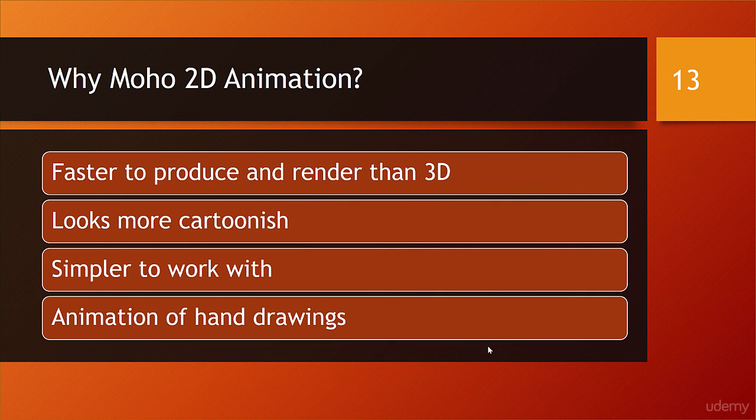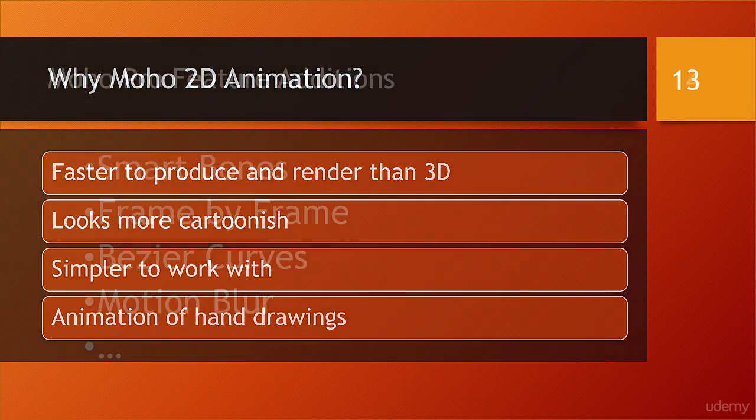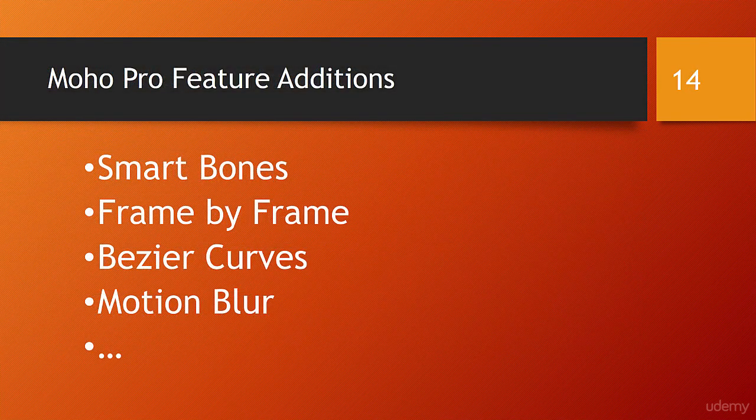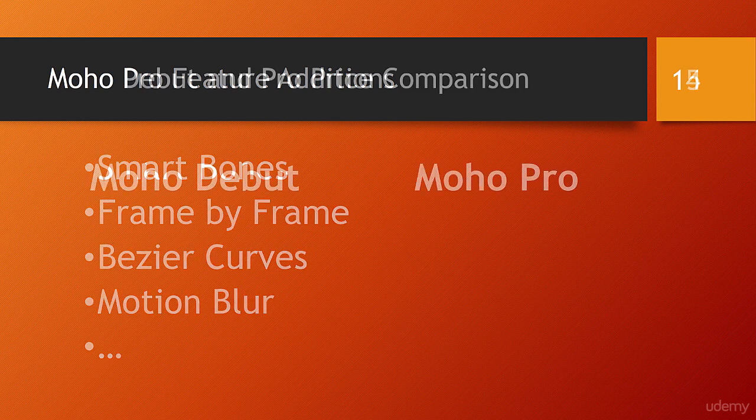First, I want to talk about the Moho Pro advantages over the debut version. It has a lot of additional features that you're going to want: Smart Bones, frame-by-frame animation, Bezier curves, motion blur. It just has a ton of additional features. If you fall in love with debut, you're going to want to have Pro.